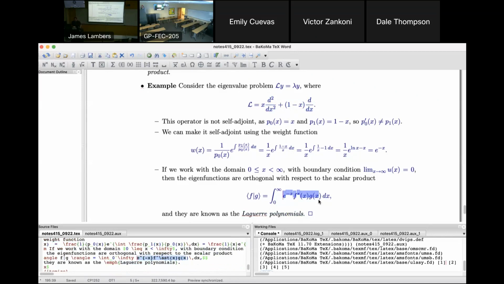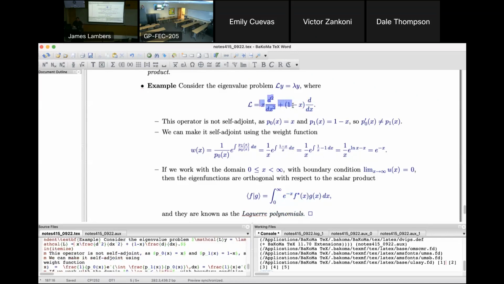If you are using Frobenius' method for a problem like this, like what we've seen in examples, you have this recursion relation that expresses certain coefficients in terms of prior coefficients, and generally the result is an infinite series, a power series.